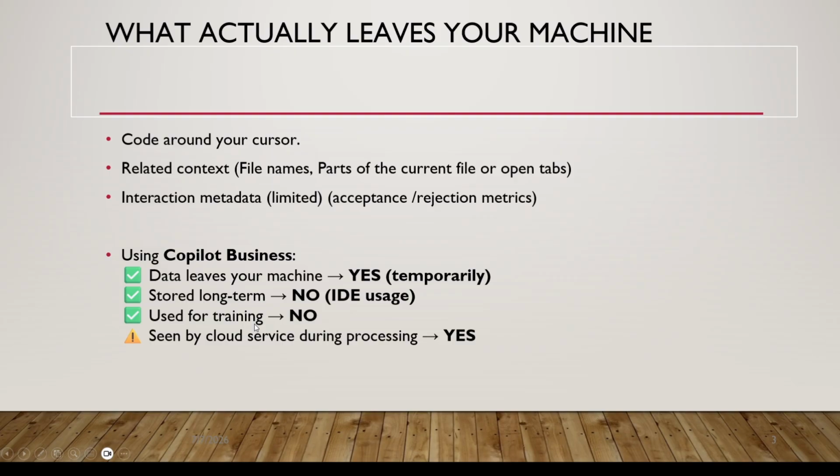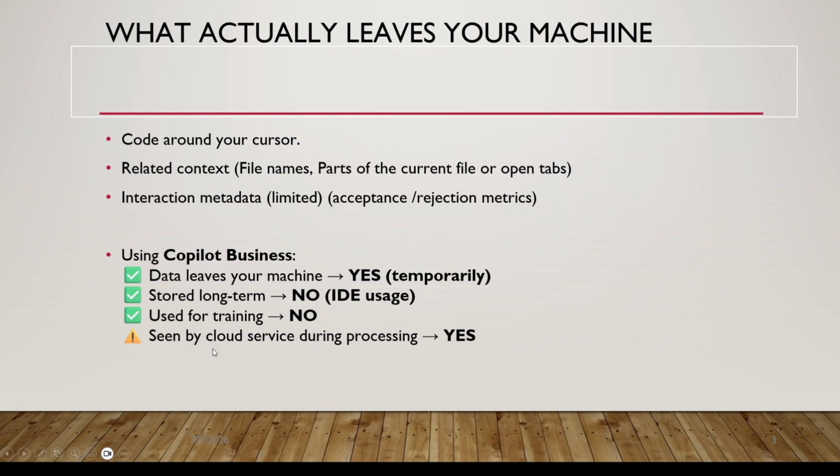No. In case we use GitHub Copilot Business, it is not used to train on our data. In case we use any lower tier, it is up to the configuration that the developer selects. It can be used to train the model, or you can choose not to train the model.